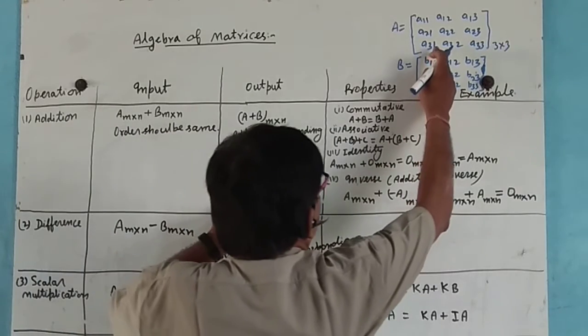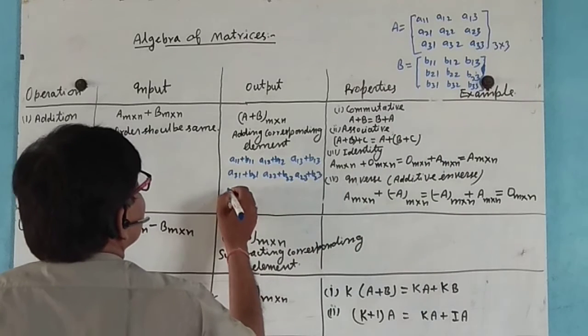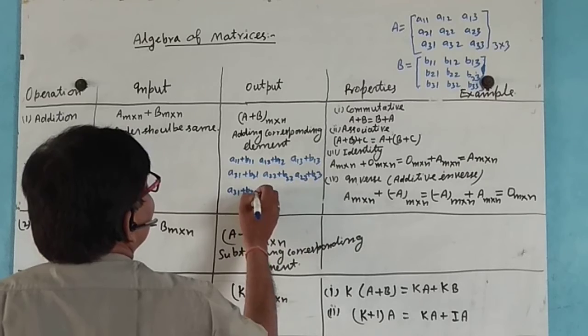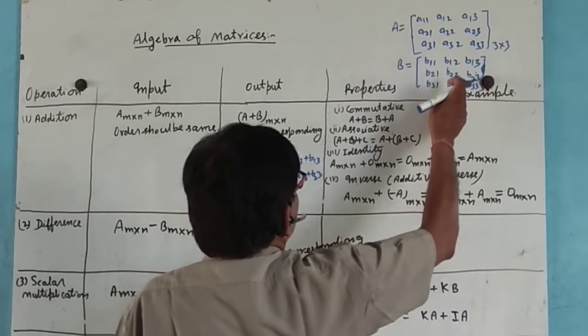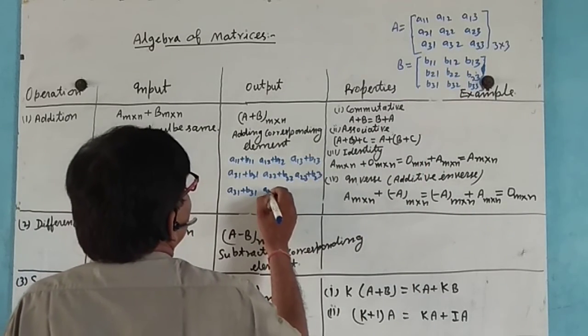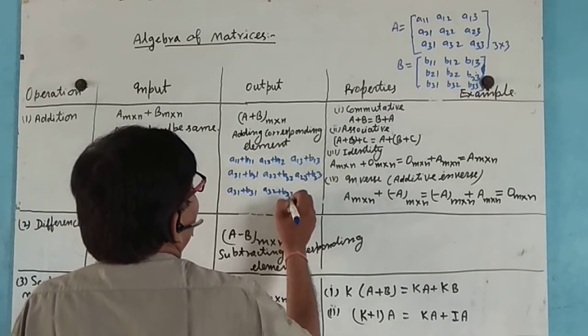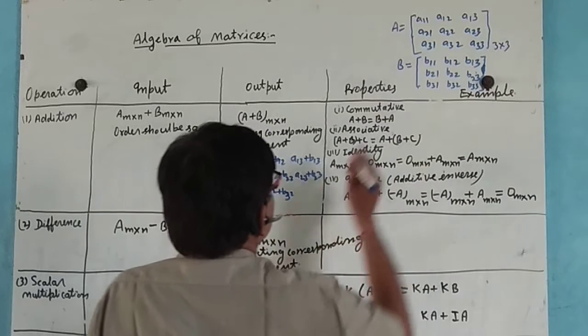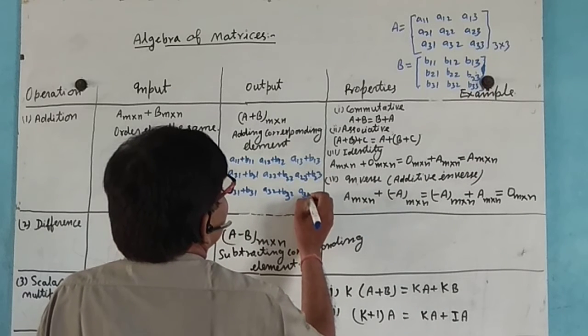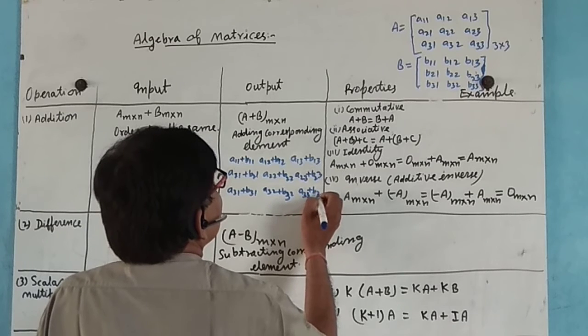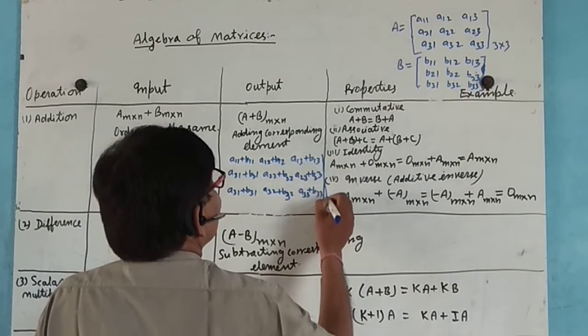Now A31 plus B31, A32 plus B32, and A33 plus B33. This is the determinants.